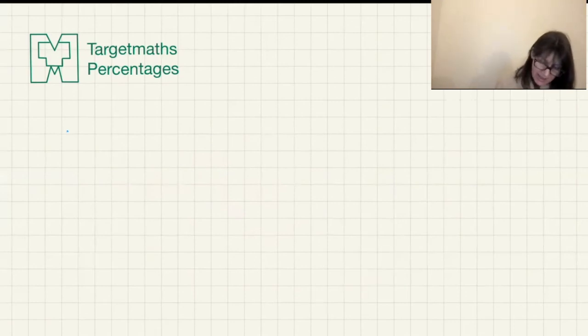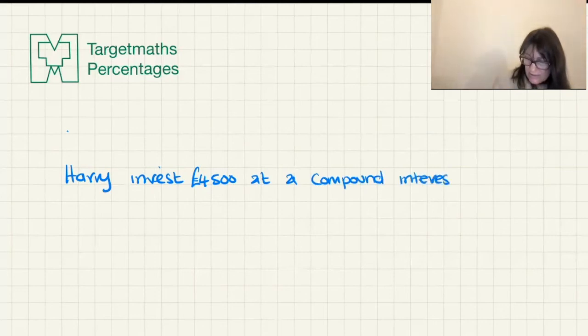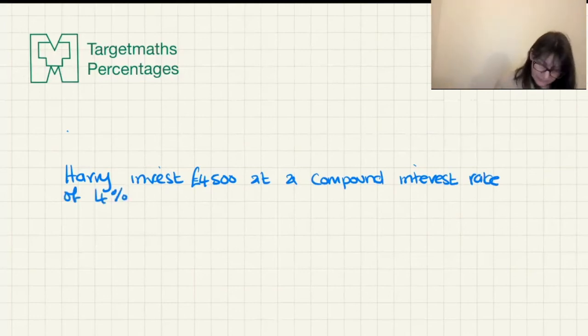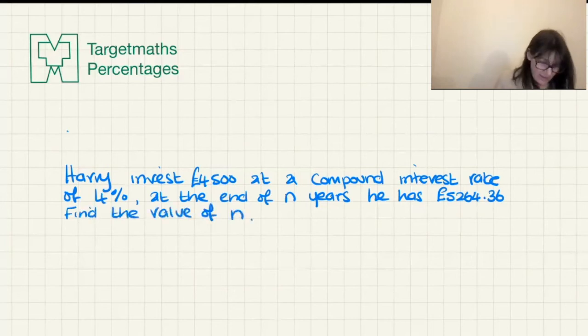So I'm going to say Harry invests £4,500 at a compound interest rate of 4% at the end of n years. He has 5,264.36. Find the value of n.